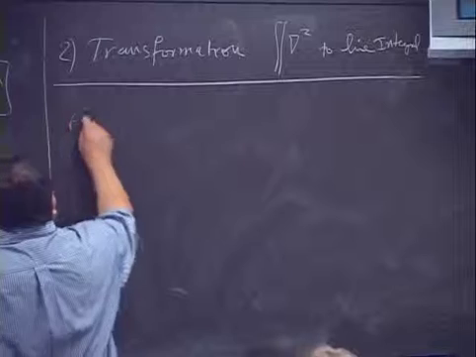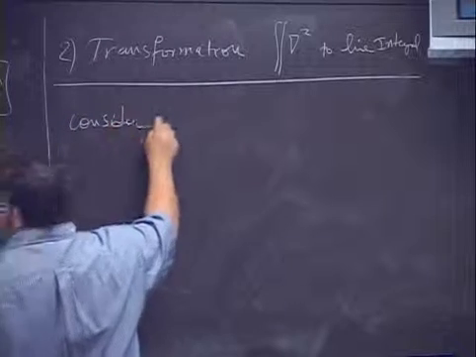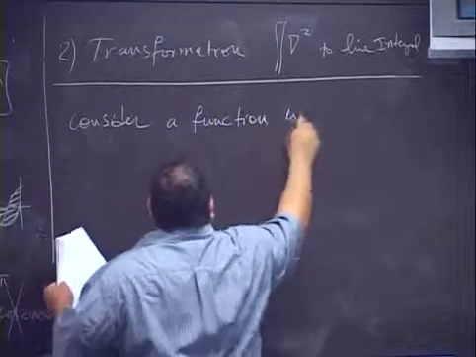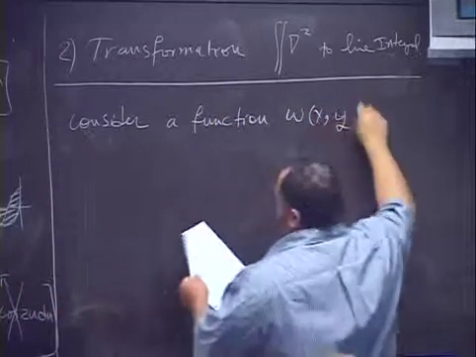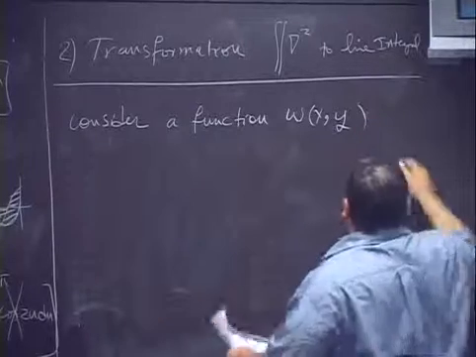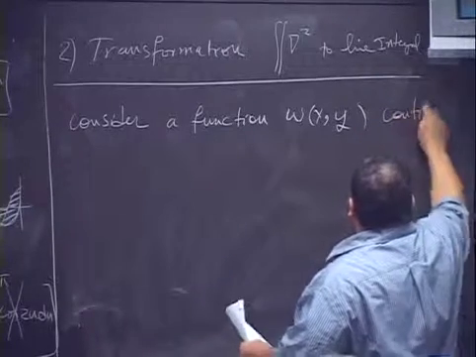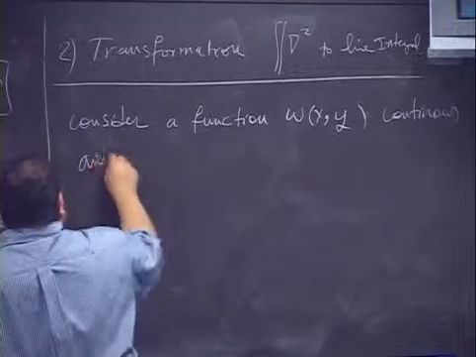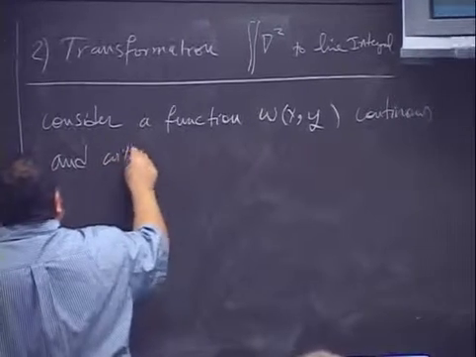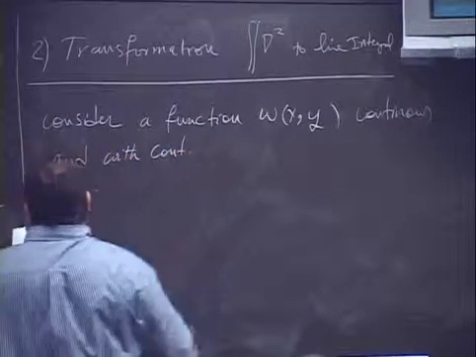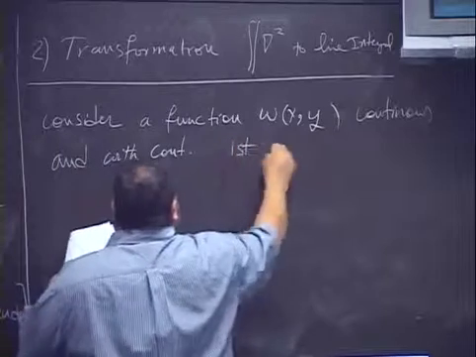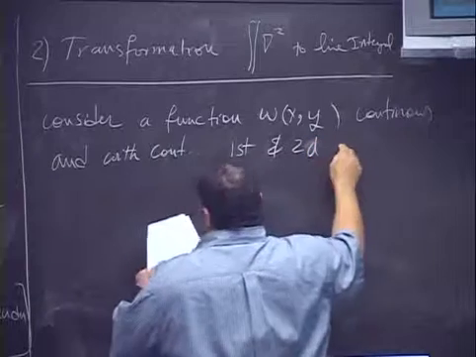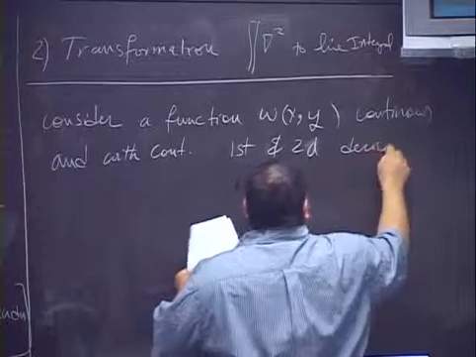So we will consider a function omega of x and y, and this omega of x and y is continuous, with continuous first and second derivatives in a region R.